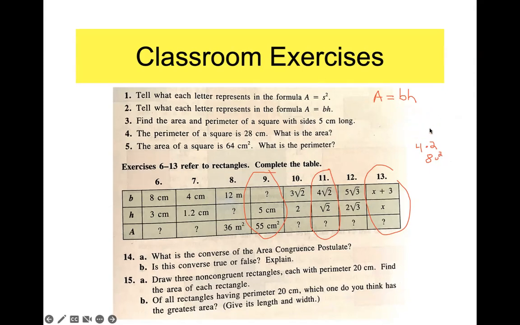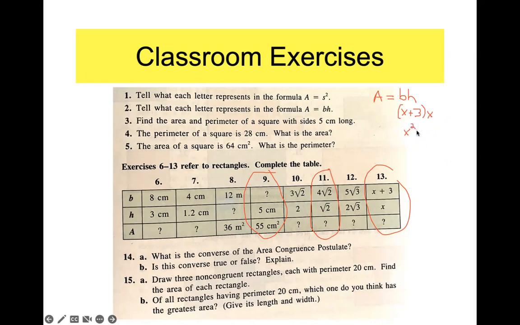Last one, number 13. Looks challenging, but it ain't bad at all. I'm not giving the area, but I'm giving the base. So the base is x plus 3, and I'm supposed to multiply that by the height. Well, the height is another letter, so I need to put this in parentheses and multiply it by x. An unsatisfying answer, distributive property, it would be x squared.